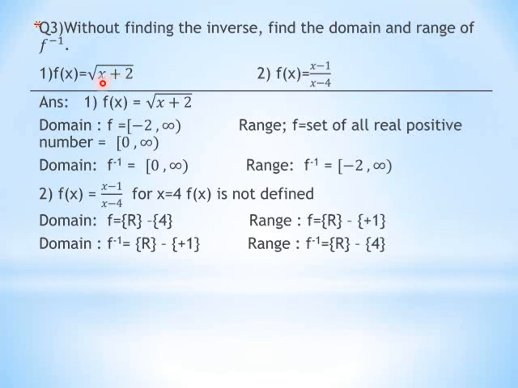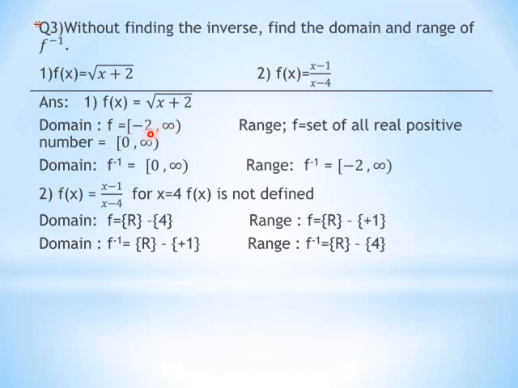So I have to take a limit that it should be minus 2. So minus 2 plus 2, 0, root 0. So from minus 2 to infinity we can put any number, but besides minus 2 we cannot put. Minus 3, minus 4, minus 5 and so on we cannot put in the function of x. So domain is minus 2 to infinity.